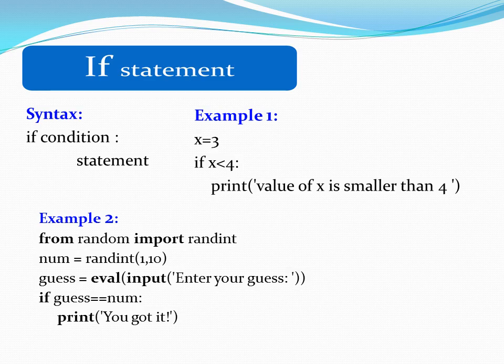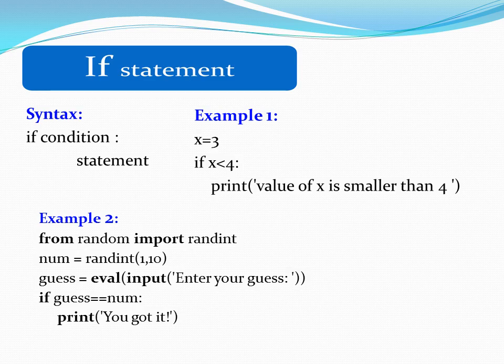Now in the next example, we have imported a function randint from the module random, and we have generated a random integer and stored it in the variable number. This random integer will be between 1 and 10.